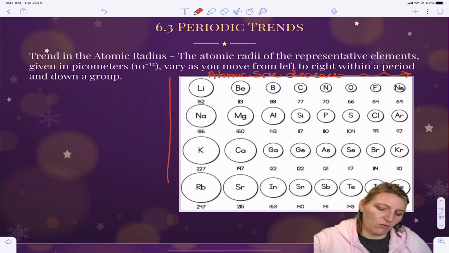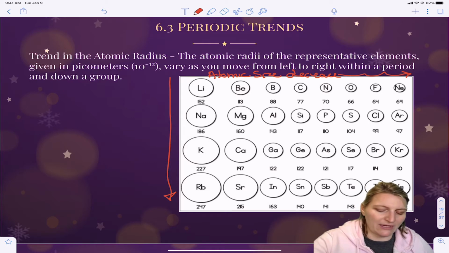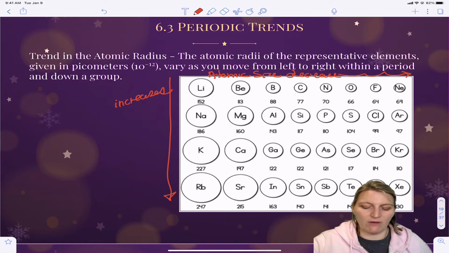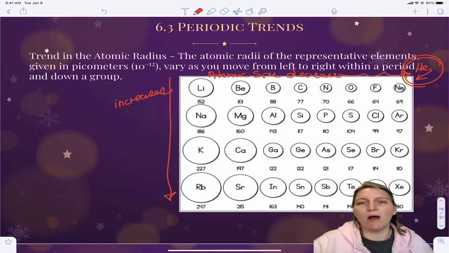As probably you would expect, as you go down the periodic table, atomic size or atomic radius increases. And so the lower left-hand corner of the periodic table is where you see the largest elements. In the upper right-hand corner, think helium, right, is right above neon, that's where you're going to find the smallest elements.